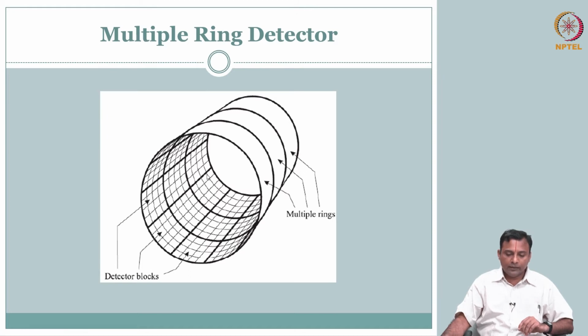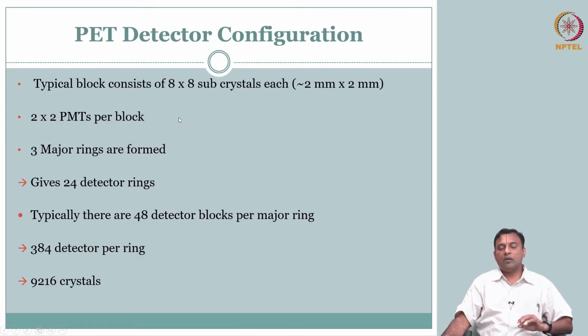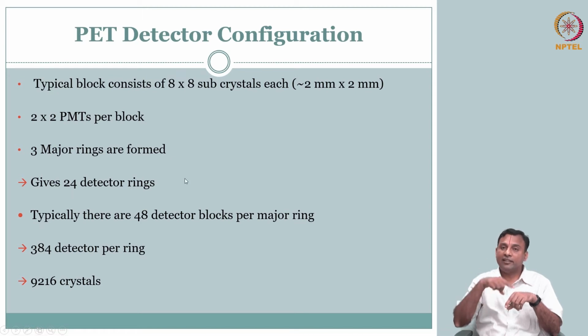Therefore, typical numbers: you have 8 subcrystals, so each crystal is about 2 mm by 2 mm. But then we are talking about several blocks, each block has 2 by 2 photomultiplier tubes. What we saw is 3 major rings are formed, based on the block. But each one has 8, so you can look at it as 24 detector rings.